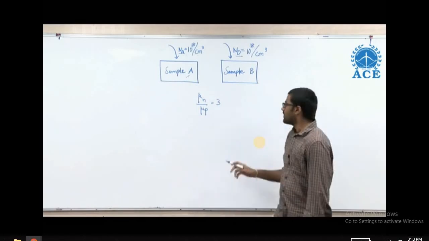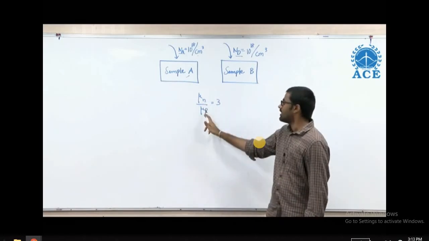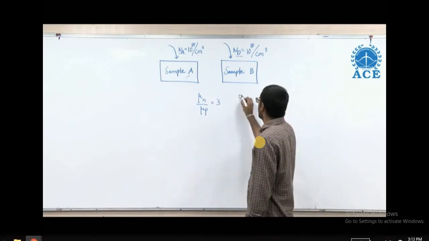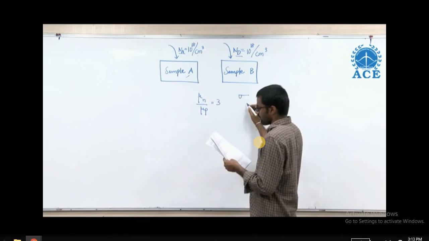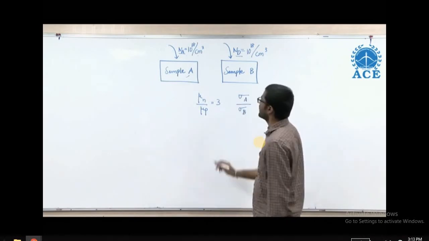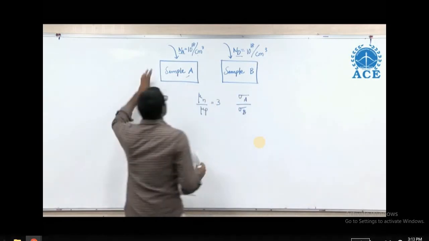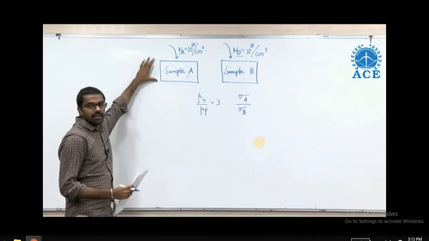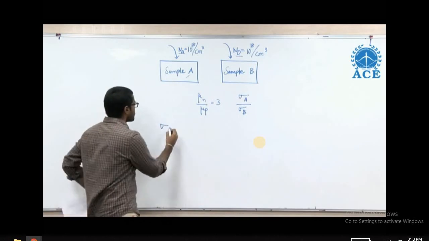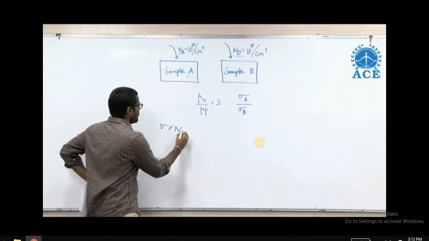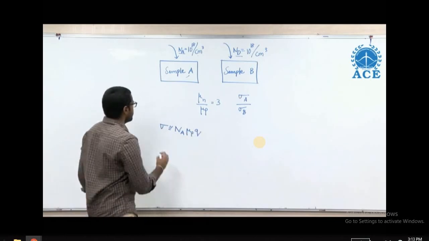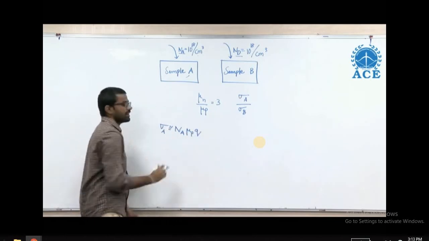And they have provided us mobility of electron to mobility of hole ratio as 3, and they have asked to find us conductivity of sample A to conductivity of sample B. From here, this is a p-type semiconductor. Conductivity of p-type semiconductor can be approximately given as Na mu p into Q. This is sample A conductivity.